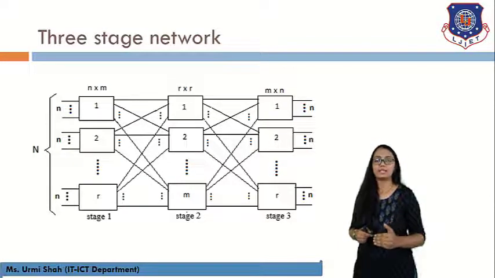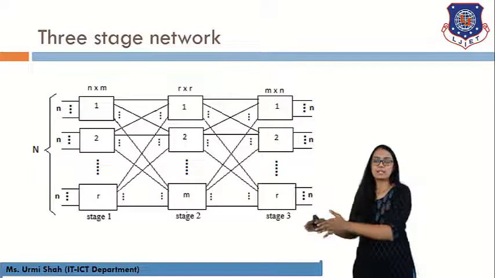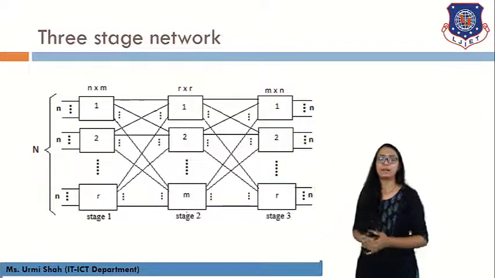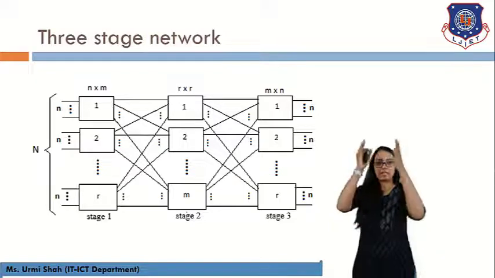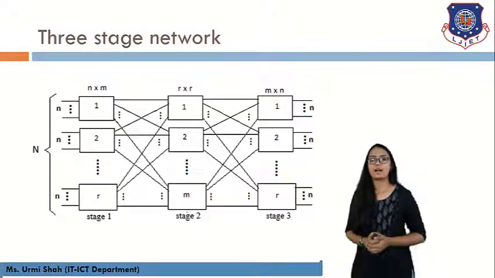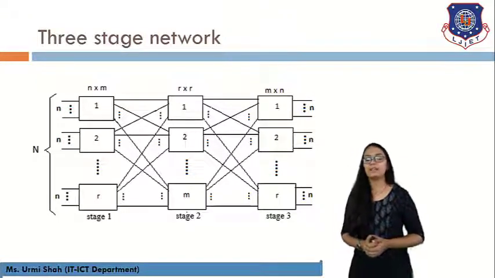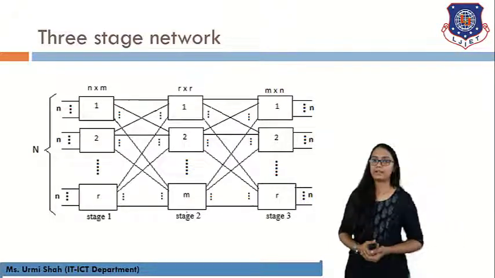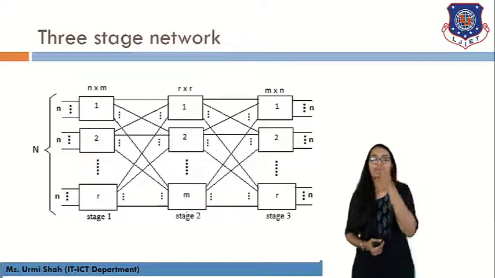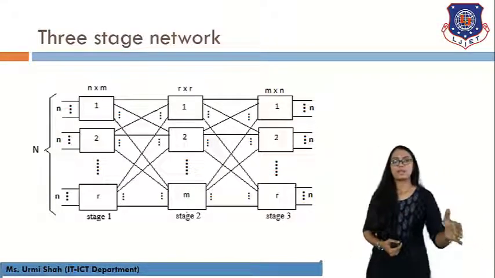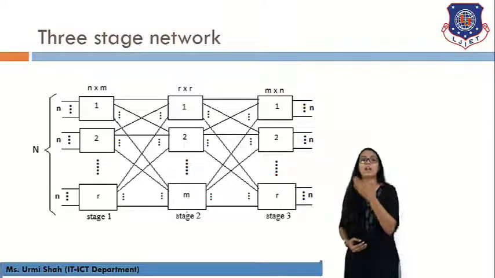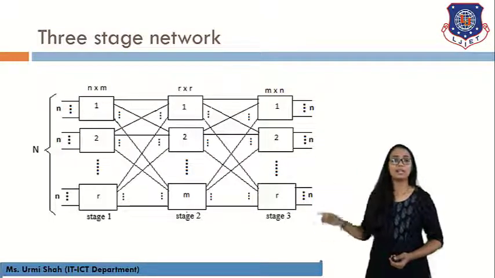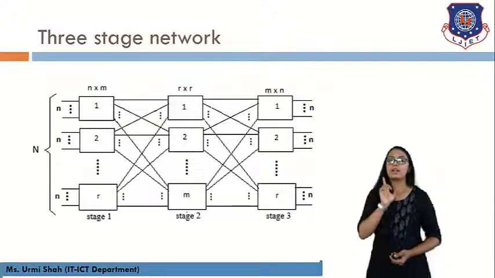Here you can see that the first stage is having an n cross m matrix, as you can see in the upper section. Then for the second stage you have an R cross R switching matrix, and in the third stage you have an M cross N matrix. This way, at the different stages, different switching matrices and switching capacities will be allocated to keep the network active at a time.